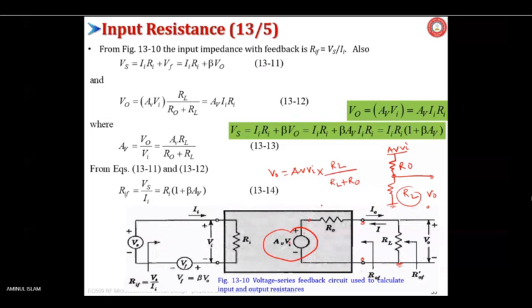Yes or no, Aman? Yes, sir. The same thing is written here in this equation, isn't it? Something is written here. Could you understand? Yes, sir. Okay.